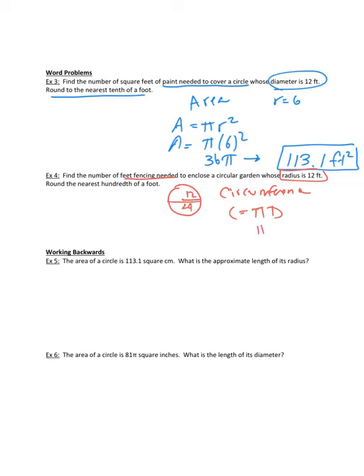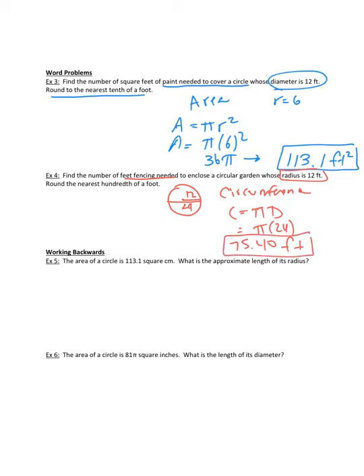So you're going to use pi times 24. And it says to round to the nearest hundredth. So 24 times pi is 75.398, so it'll be 75.40. And it's circumference, so it's just feet.